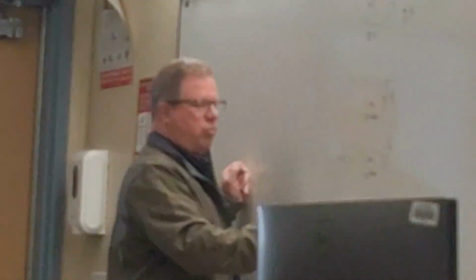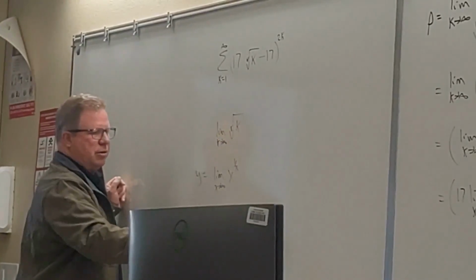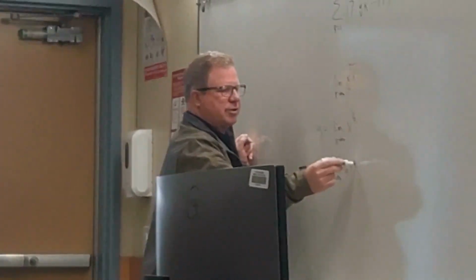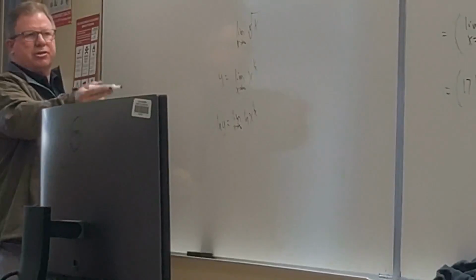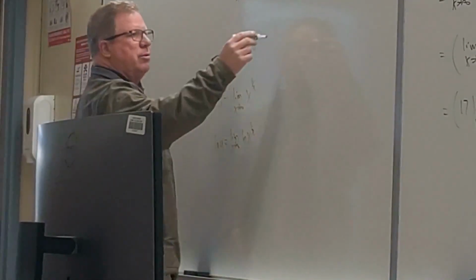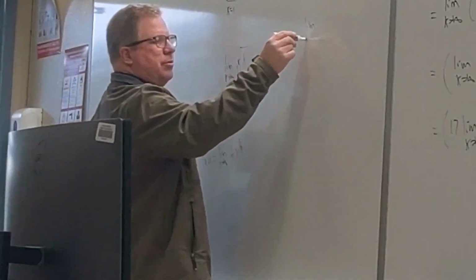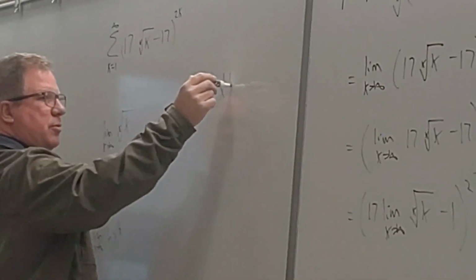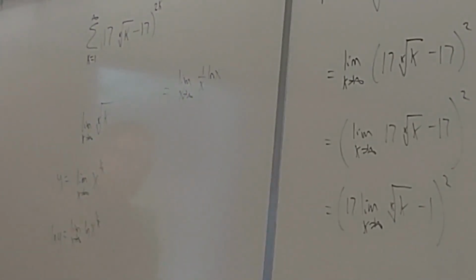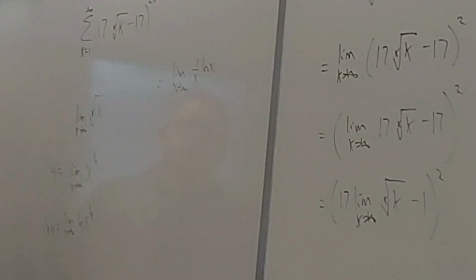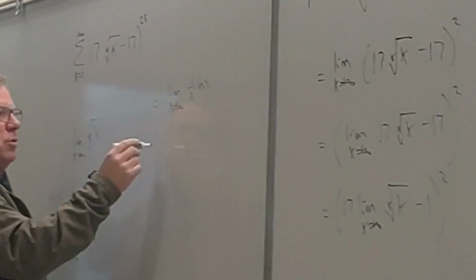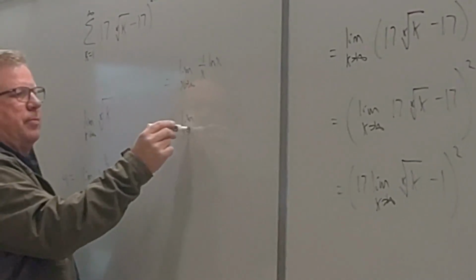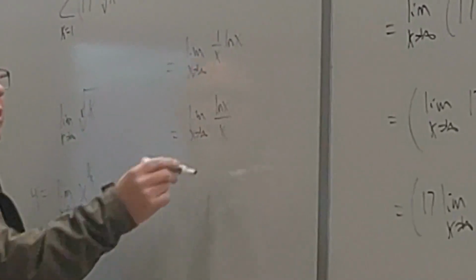So we're gonna let y equal this, and then ln of y equals the limit, I'm gonna put ln inside, ln of x to the 1 over x. Now we can use the property of logarithms and bring that down, and we can rewrite it as just ln x over x.